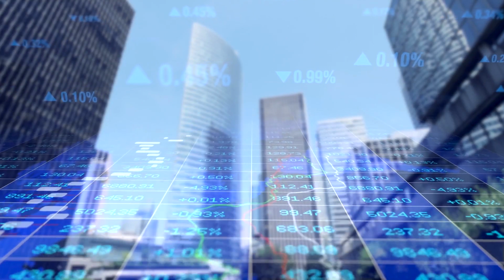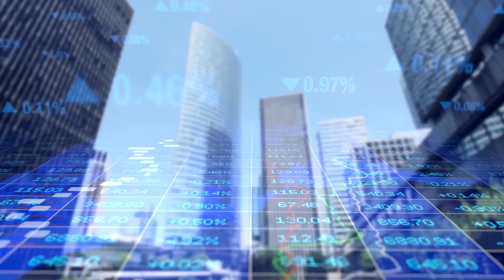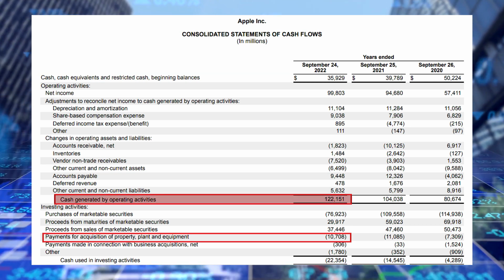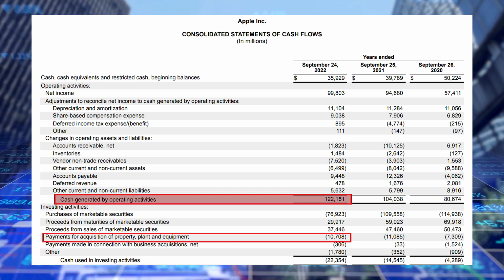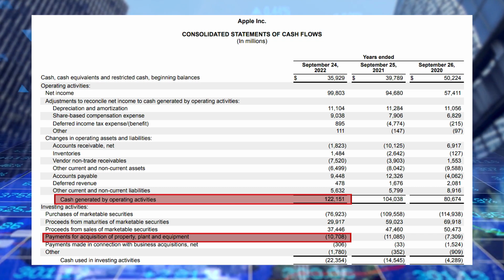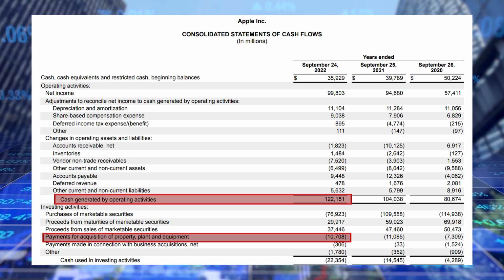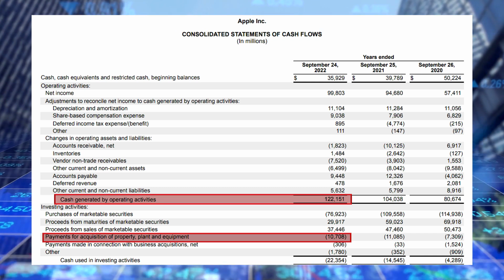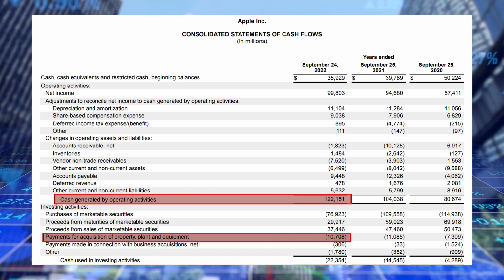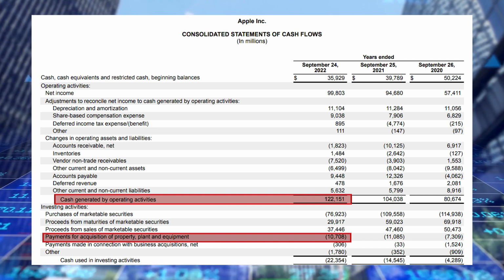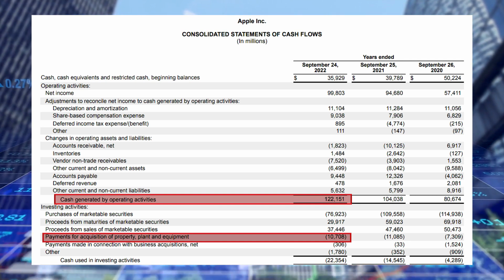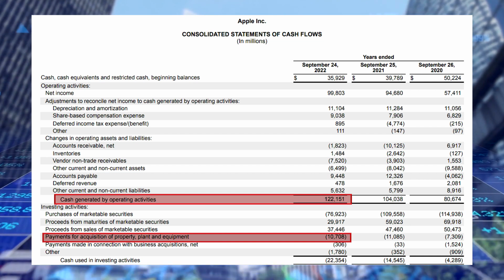Free cash flow is like a financial health check. It tells you whether a company has the monetary muscle to innovate, grow, and most importantly, reward its shareholders. In the case of Apple, it generated an astonishing $111 billion in free cash flow in 2022 alone.